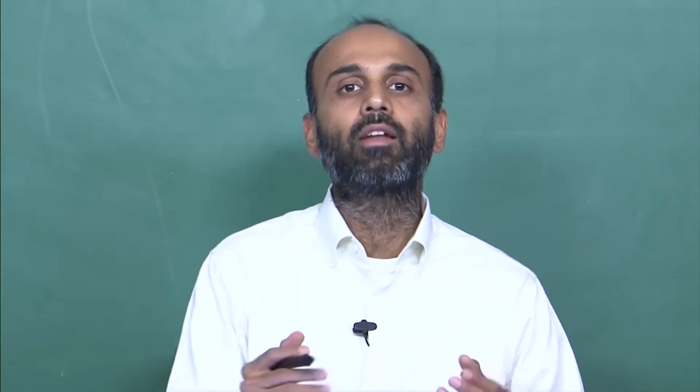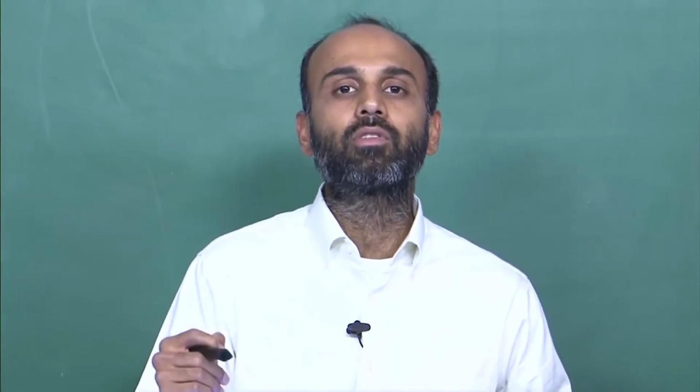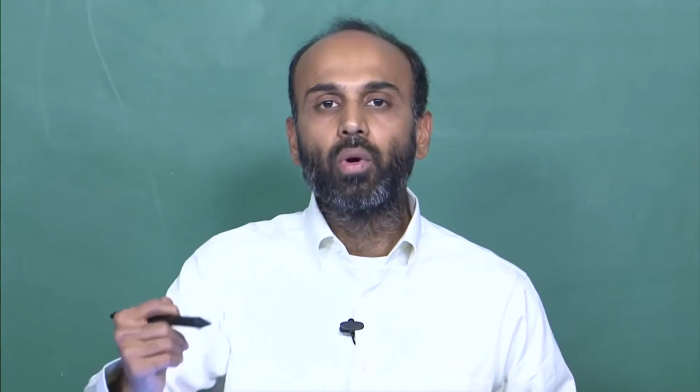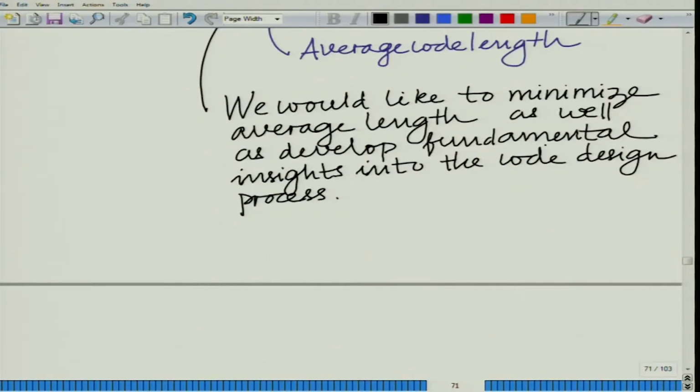All right. Using the answer to this fundamental question, one can target an appropriate code length. So we are not only looking at designing efficient codes, but we are also interested in characterizing how efficient that process can be, how low the average code length can be for a source with a given set of symbols and probabilities. Okay. So we would also like to generate some fundamental insights into this code design process.